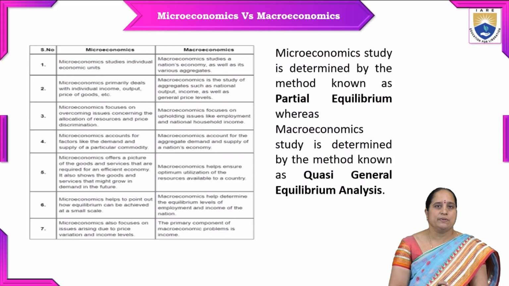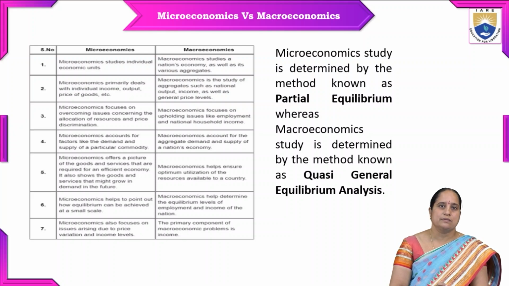Microeconomics primarily deals with individual income, individual output, price of individual goods, etc. Whereas macroeconomics is the study of aggregates such as national output, national income, as well as general price levels, which is applicable to the entire population.